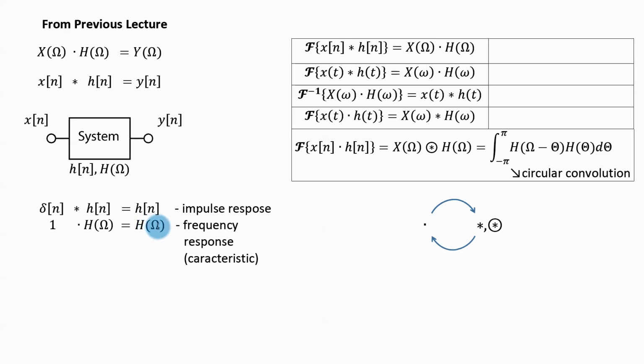That is, how they are amplified and phase shifted, which is exactly what the frequency characteristic is. This is actually a way how you can get the frequency characteristic of a system. You can feed it the Dirac delta pulse, measure its impulse response, and the Fourier transform of the impulse response will get you the frequency characteristic.